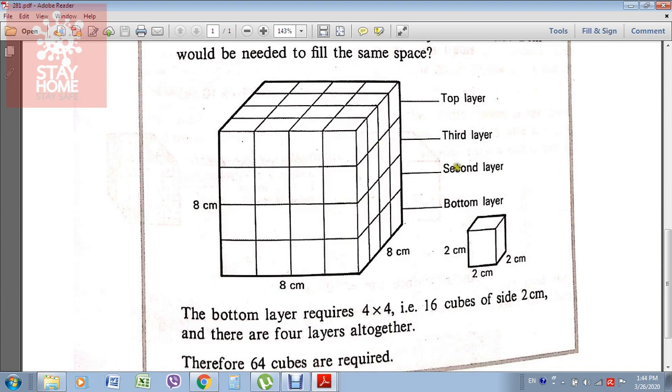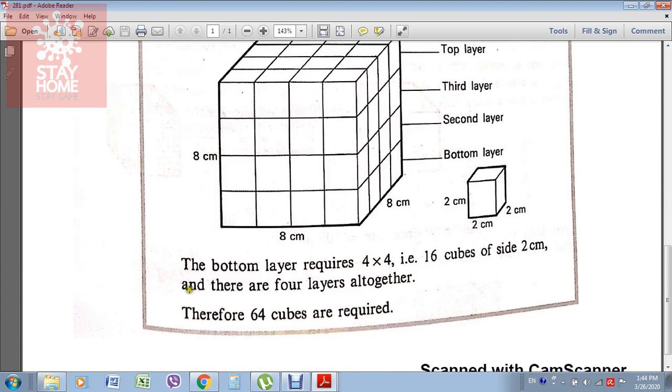This is called the top layer, third layer, second layer, bottom layer. This is similar to the previous one which we discussed. The bottom layer requires 4 multiplied by 4, 16 cubes of side 2 centimeter, and there are 4 layers altogether. Therefore 64 cubes are required.